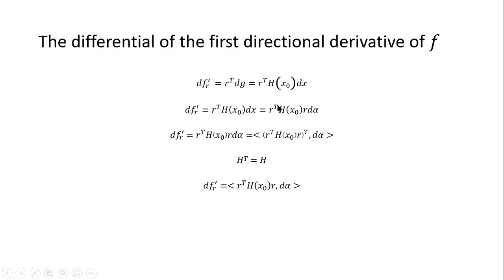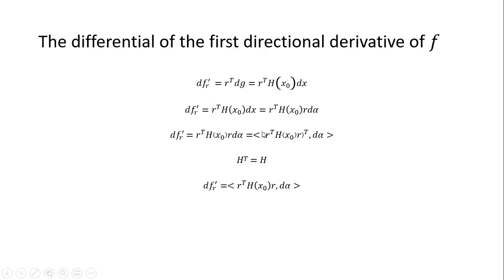Then this expression can be written as a product of two scalars. The first scalar is r transpose Hx0 r, and the second scalar is the differential of alpha.